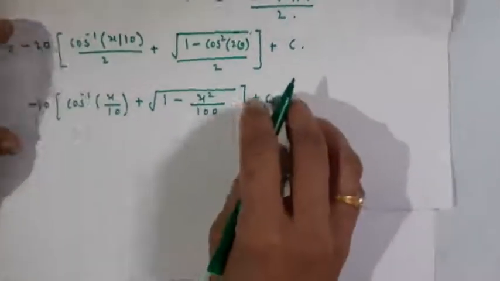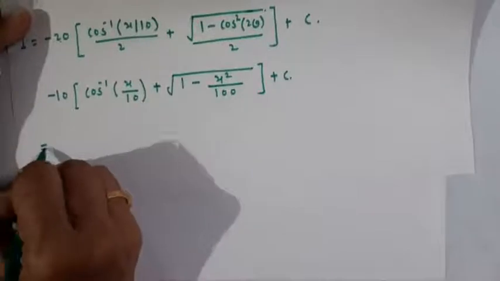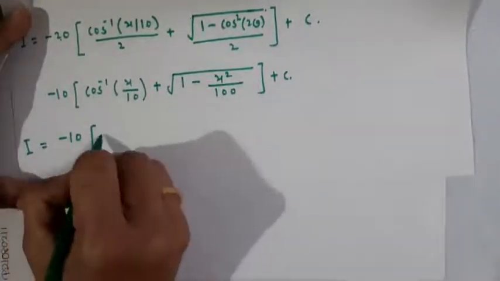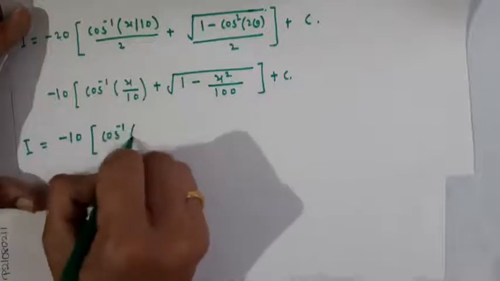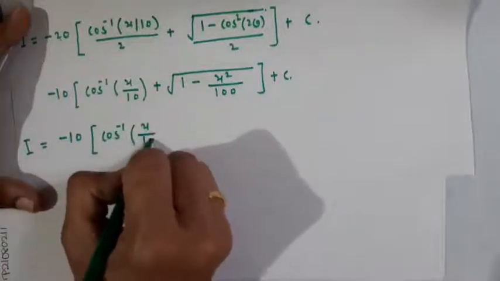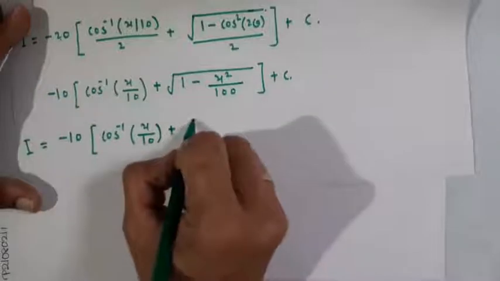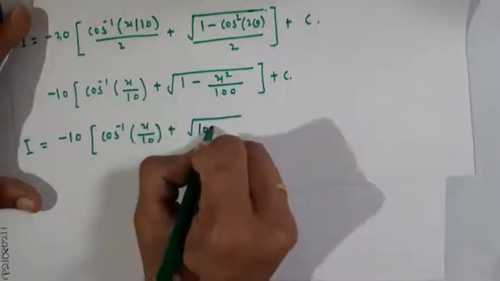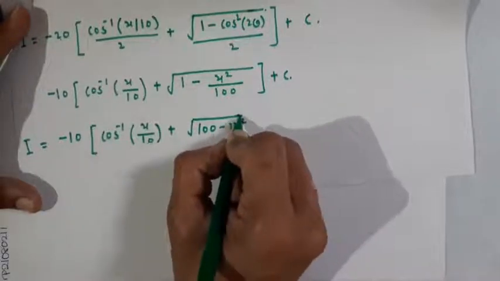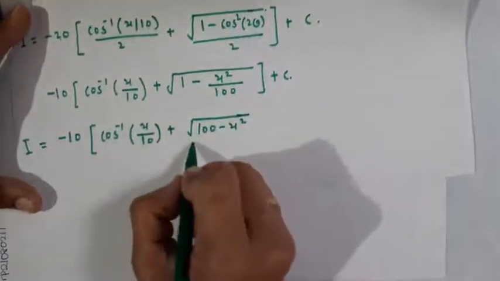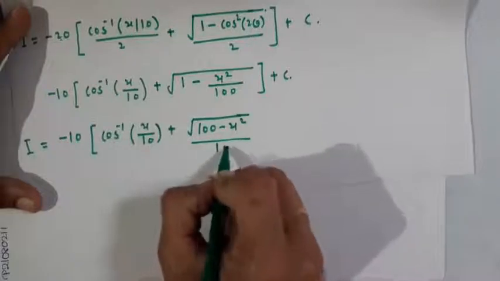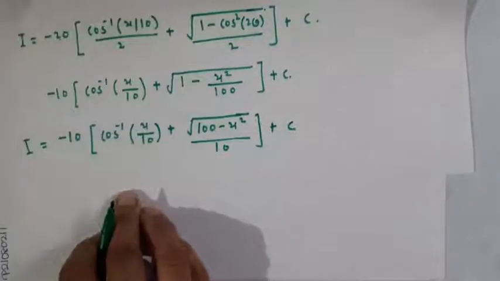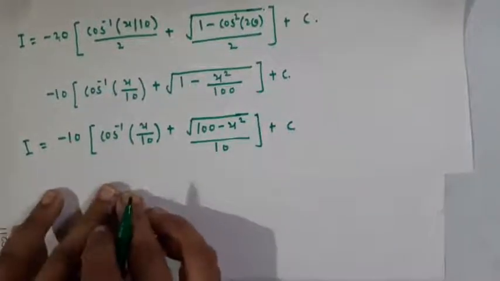We can simplify or calculate the values. This integration I equals minus 10 times cos inverse of x upon 10 plus the square root of 100 minus x square, where the LCM is 100, divided by the square root of 100. The square root of 100 is 10, plus constant of integration c, and this is the integration of the given problem.